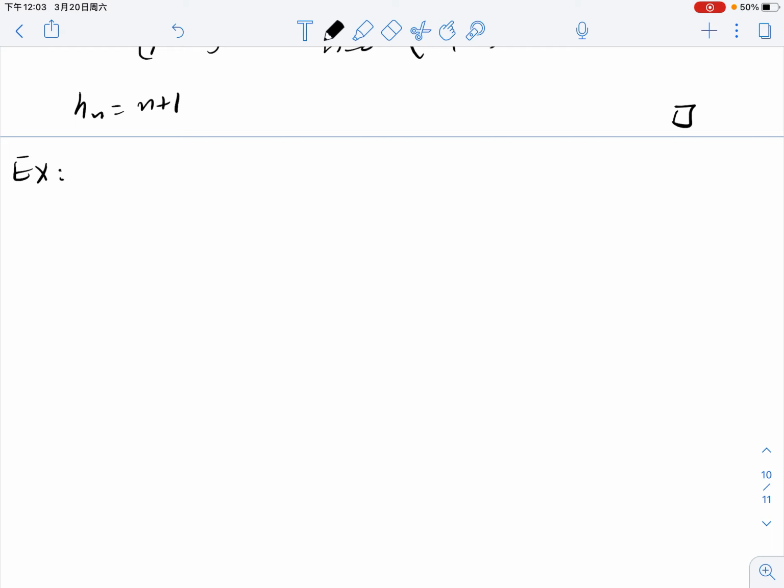There are also some cases where we just use the generating functions as a theoretical method to do the proof.